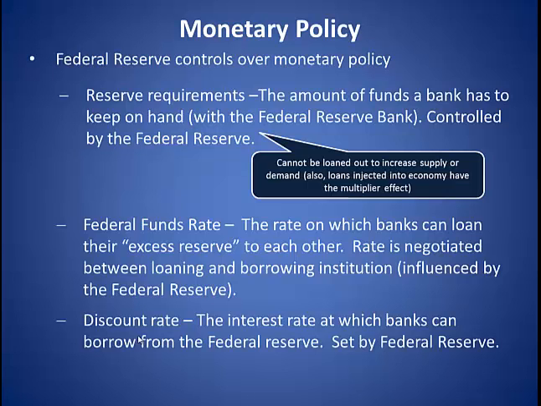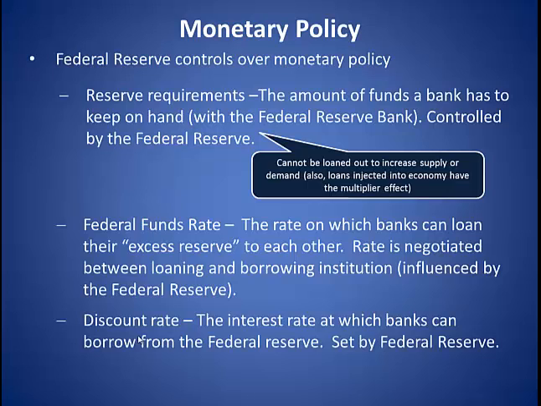Now, the Federal Reserve Bank controls monetary policy through basically four key items. The first is the reserve requirement, which is the amount of funds a bank has to keep on hand with the Federal Reserve Bank. The amount of the reserve is controlled by the Federal Reserve.